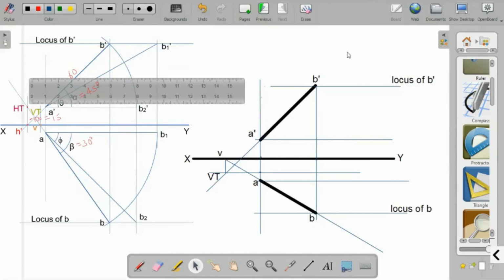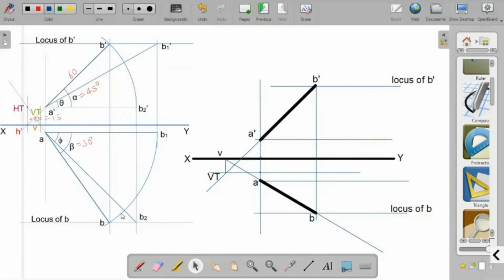Now we need to find the points B1, B1 dash, B2 and B2 dash. In order to get point B1, we have to rotate the line AB. So take the compass, fix it, take the radius equal to the length of the line AB and then rotate it. So here you obtain the point B1.